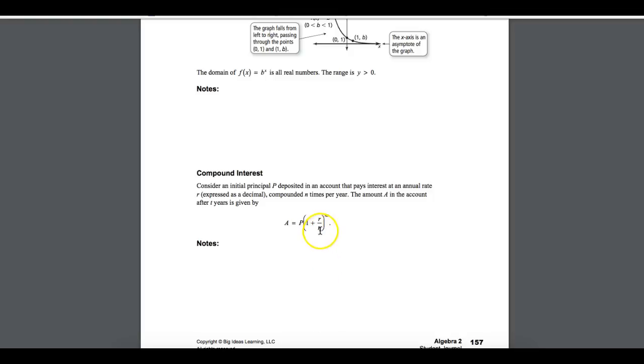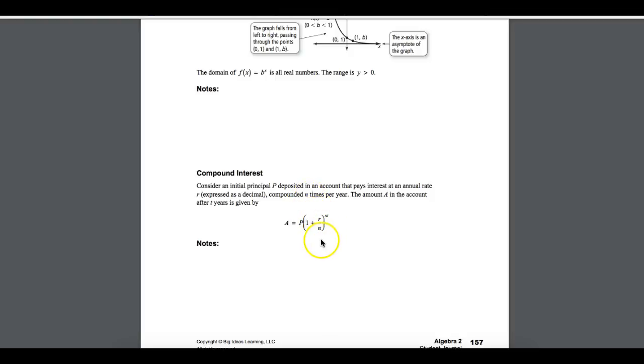And this last variable that we have is N. N is the number of times your interest is compounded per year. So you're going to hear some different terms here. The options that you're going to have for this are annually, quarterly, and monthly. So if you compound your interest annually, then N would be equal to 1 because that's just once per year.